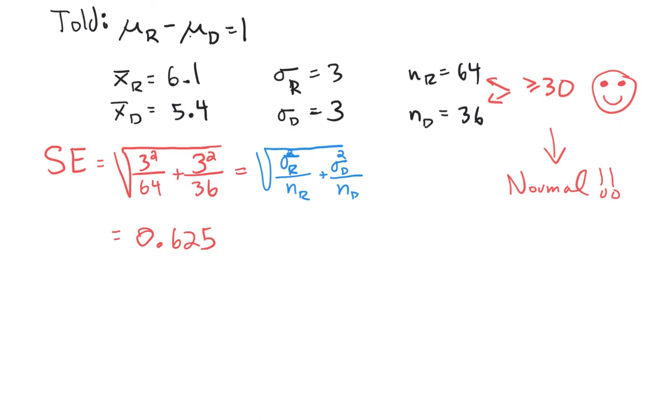Okay, so let's ask the following question. If the claim is true, remember the claim was that deluxe cement dried faster than regular cement by 1 hour on average, so this is our claim.